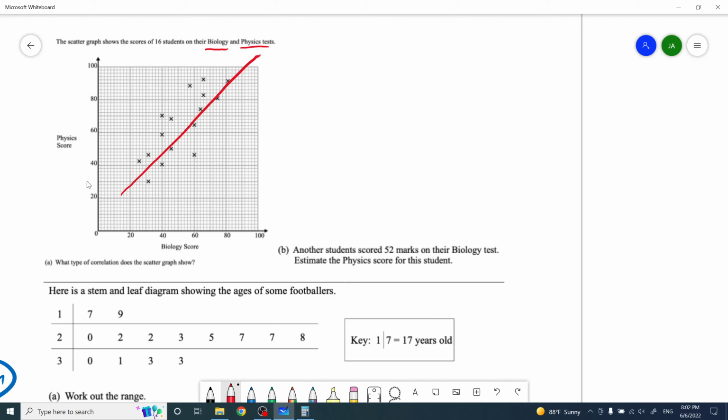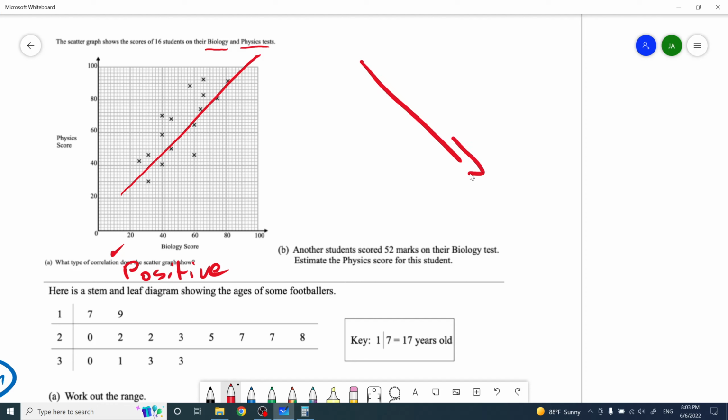They did pretty poorly. And as we keep going up with biology, we also seem to be going up with physics for the most part, right? There are a couple exceptions, but again, they all follow a relatively close pattern. As one score goes up, the other score also goes up. So we can see that there is a correlation, and this is what we're going to call a positive correlation. If both go up at the same time, we call it positive.